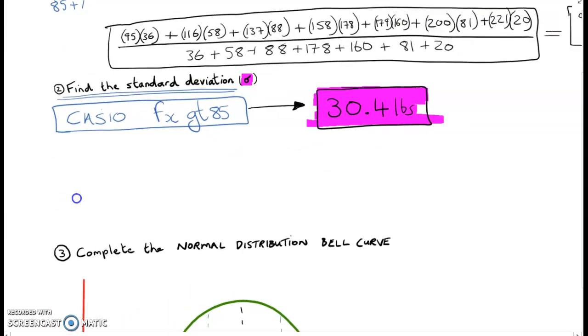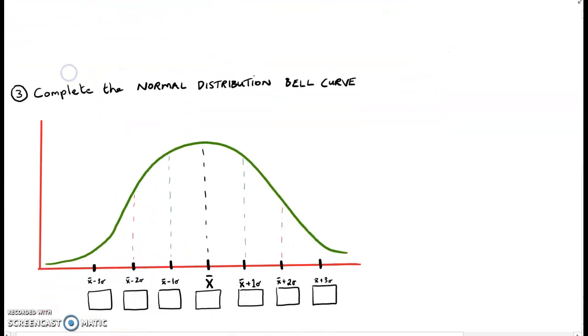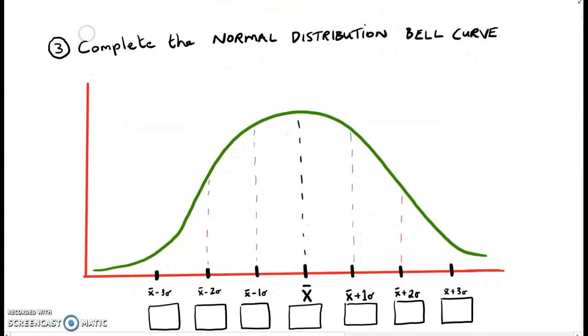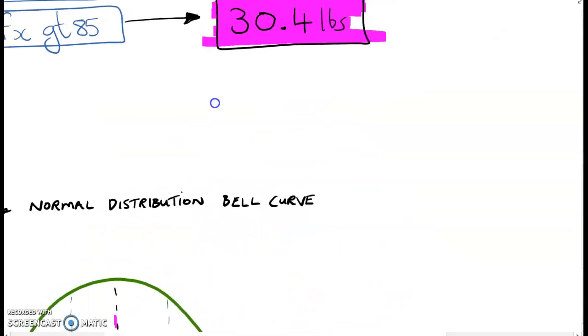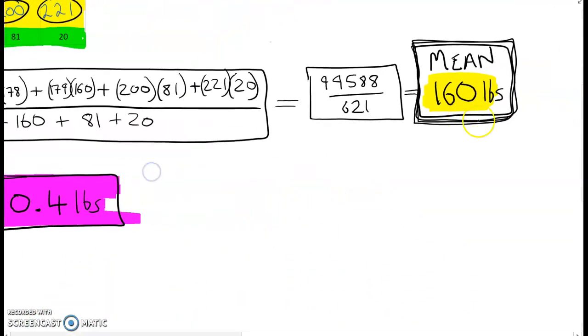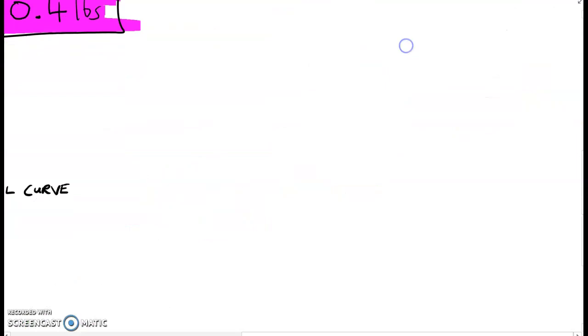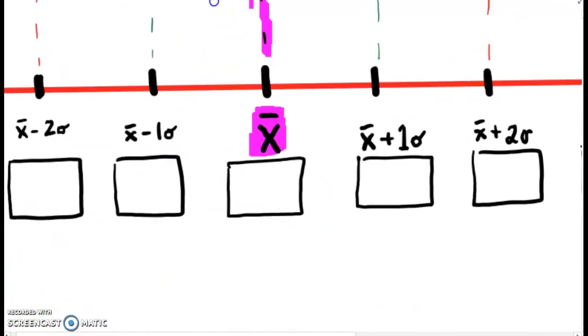What it means is, if we were to chart the people's weights and basically design a trend graph, or mark down what people's weights are, most of the people would be in this area here. That's why we call it the mean, the average weight. Now, what did we find it to be? I think we find it to be 160, wasn't it? 160, yeah. That's the mean weight. So that goes right bang in the middle there.